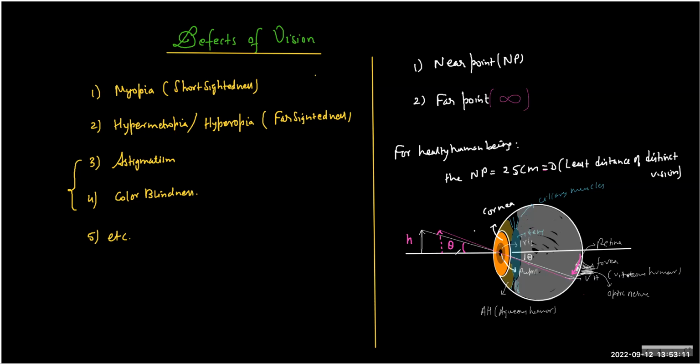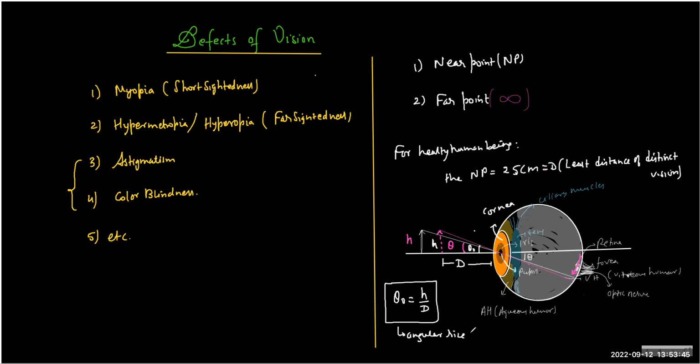If the object is at exactly D, then this angle is the biggest angle you can see with clarity, and therefore theta naught is called the biggest angle or biggest size of the object, which is h by D, just like the tan theta formula. And for paraxial rays, as tan theta is theta, we write it like this. So this is called the angular size of the object.